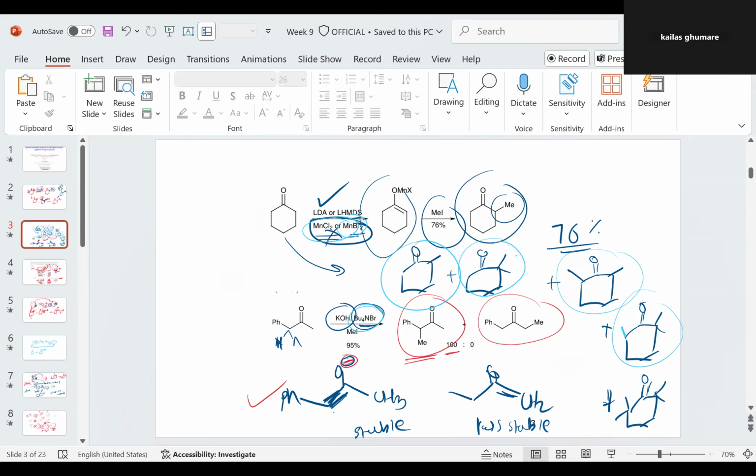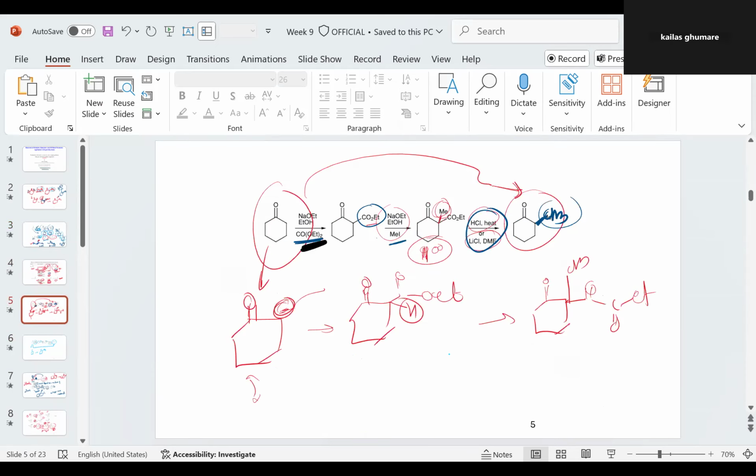So in this case, we have added PhCH2C(=O)CH3, that's the ketone, and by adding this phase transfer catalyst, tetrabutylammonium bromide, and just a simple base like KOH, it gives the thermodynamically controlled product in about 100%. So this is also one of the good protocols to form a thermodynamic control product.